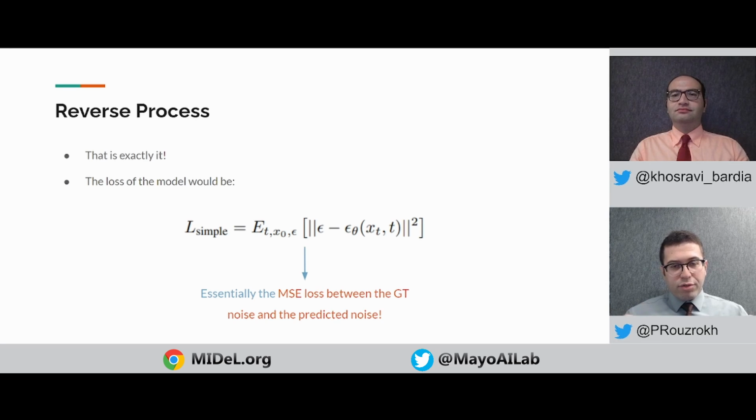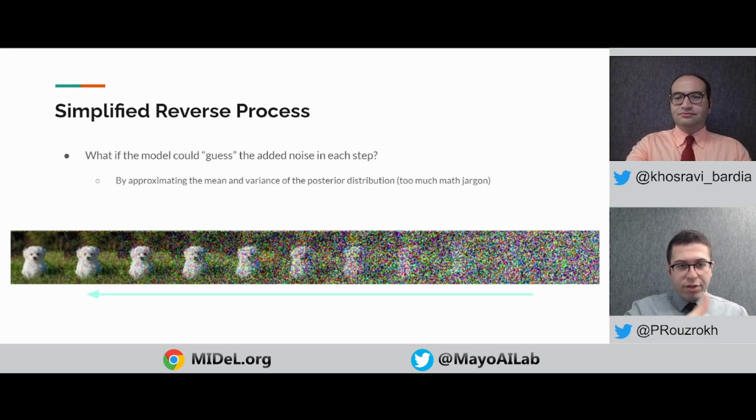Within each step, we guess the amount of noise that was added to the previous image to create the next image. But this time we are standing in the next image and predicting the noise that was added to our previous image, so that we can denoise it and move one step back. We continue this process as much as needed to finally get the ground truth image, right? So this is basically the way that the model is going to learn that.